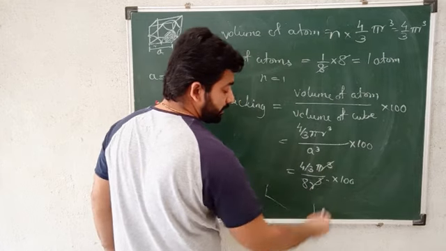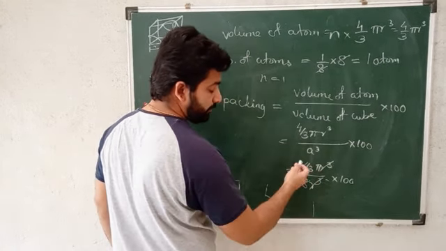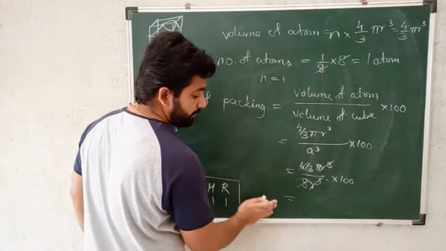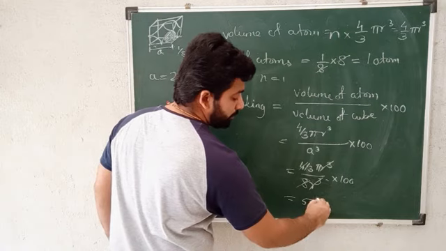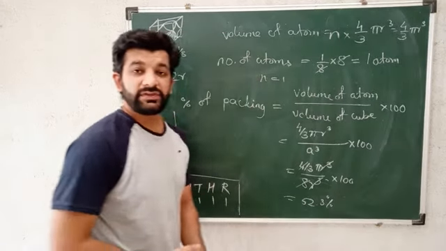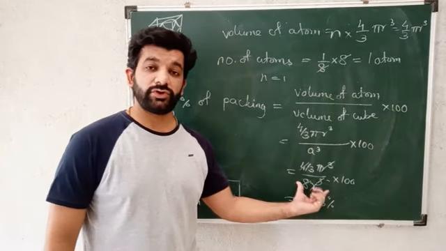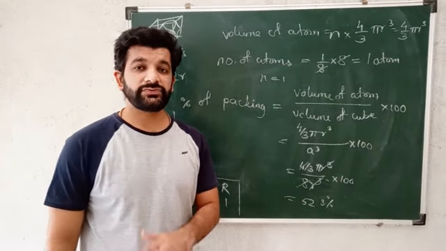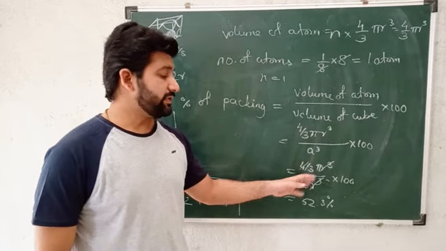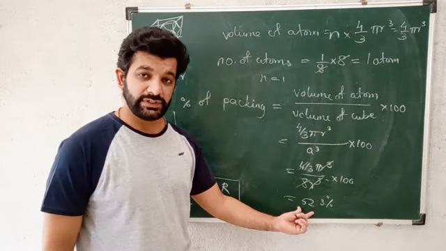R cube and r cube will get cancelled. 8 and 4 will get divided, and on further calculation we get that 52.3% is the packing efficiency of simple cubic crystal structure. I am leaving this for you to do the calculations with the help of log. Substitute the value of pi, substitute these values, do the calculation and simplify it. You will get the packing efficiency.